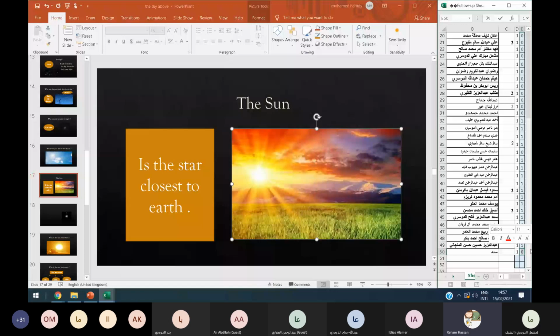It's called the sun. Yes, the sun. Excellent. Thanks a lot, Sanad. So the sun is a star closest to the earth, so we can see it well, and it can make its own light and light all the earth in the day.